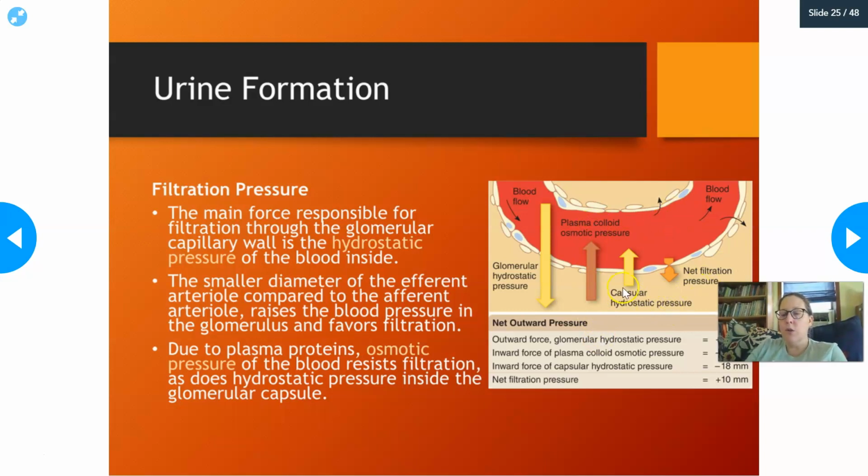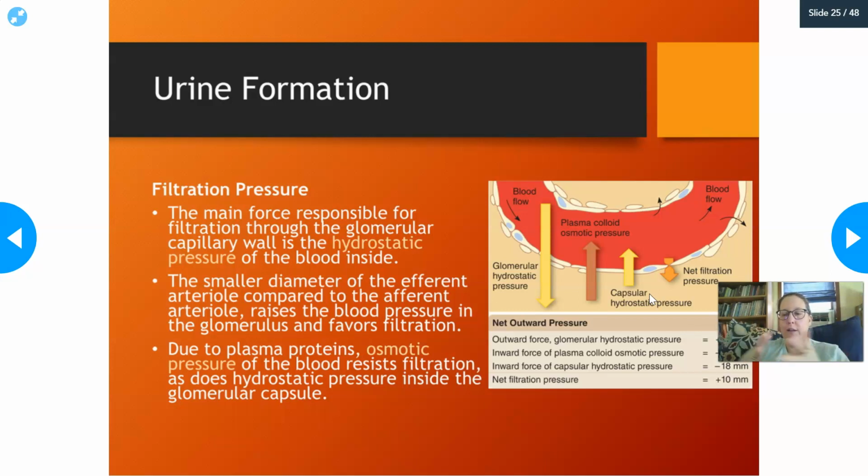And then you also have the capsular hydrostatic pressure. That is the fact that there's fluid that enters and is being captured in that glomerular capsule. And just the presence of the fluid in that capsule generates a certain counter pressure, right? Because you can't push fluid into something if it's already full of water.